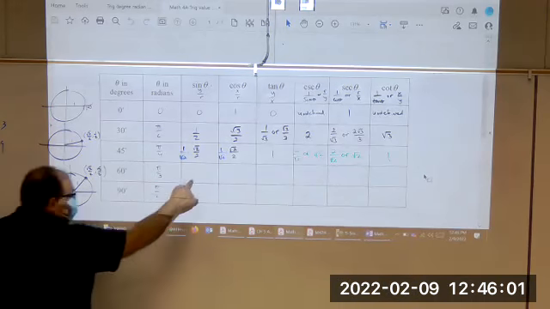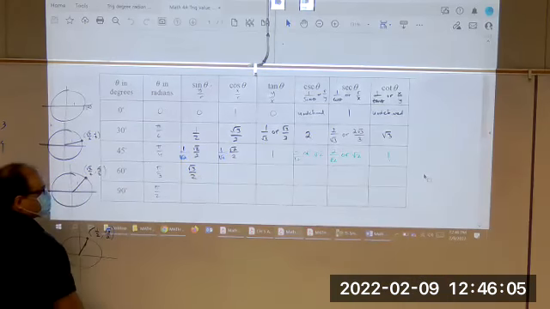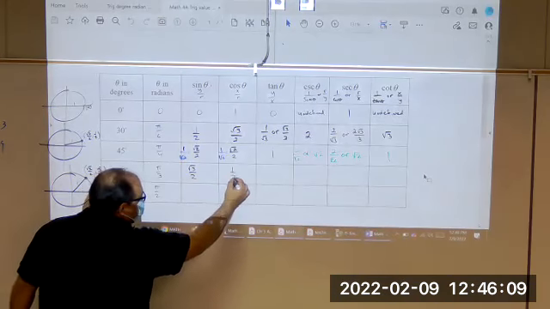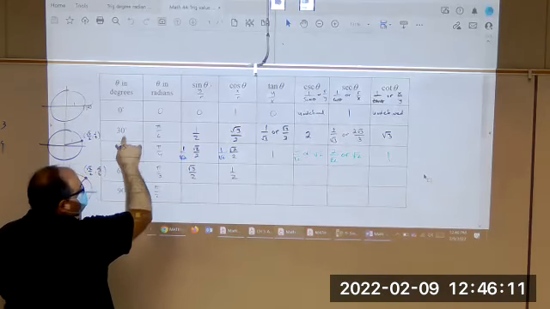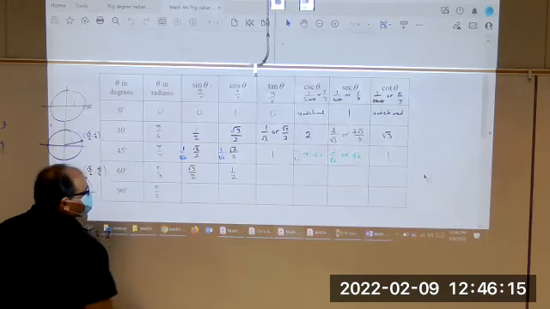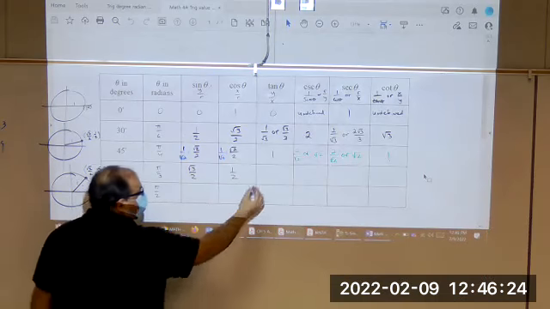So the sine is square root 3 over 2. The x is now shorter. It's the 1/2. Sine of 30 is 1/2. Cosine of 60 is the 1/2. The tangent, the y over the x, square root 3 over 2 divided by 1/2 is going to be your square root 3.